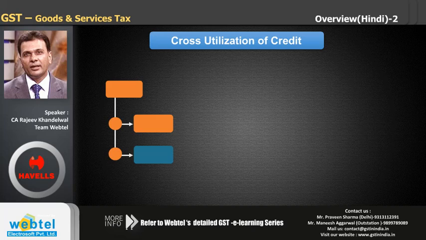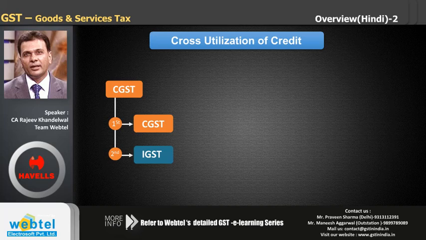If I have balance of input tax credit of CGST, it can first of all be used against payment of output tax liability of CGST. And thereafter, if some balance remains, that can be used for payment of IGST liability. Taking an example, if there is a balance of 100 rupees in CGST account, and I have to pay CGST tax liabilities of around 70 rupees, then for 70 rupees, obviously this adjustment can be done, CGST against CGST, and the remaining 30 rupees I can use for payment of IGST.